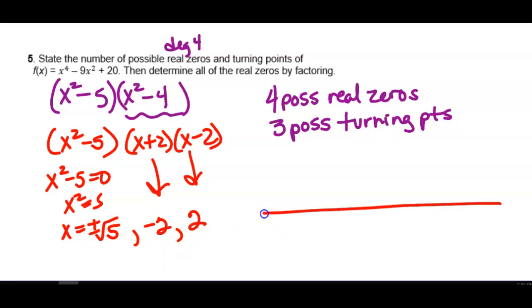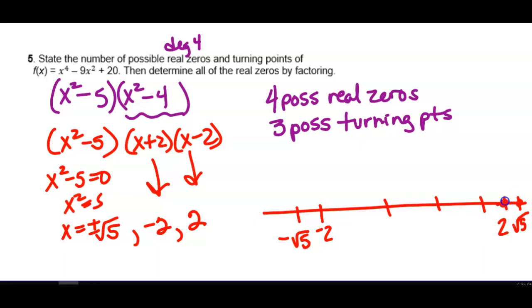If we were trying to graph them left to right, this would be negative 2.1, and then negative 2 would be right next to that. Negative 1, 0, 1. Over here somewhere would be positive 2, and then over here would be positive square root of 5.